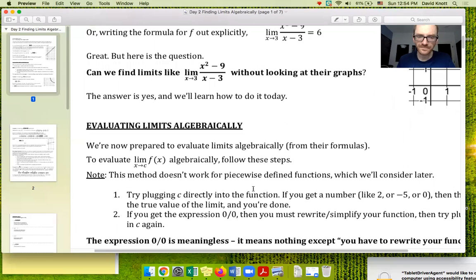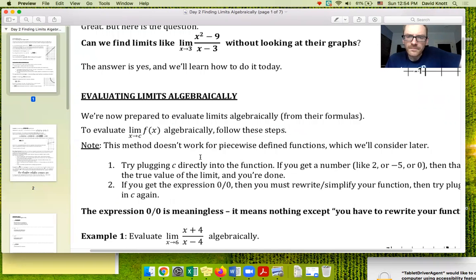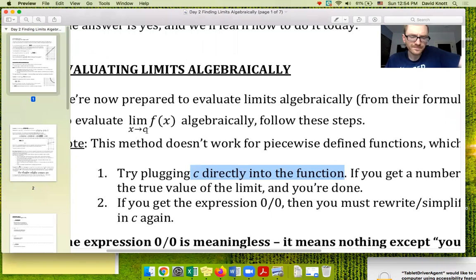Here's the idea. Let's say that you want to find the limit as x approaches c of some function f, and you've got a formula for f. You don't have the graph, but you have a formula. How do you find that limit? The first step is that you plug the number c directly into the function. Whatever x is approaching, you just try plugging that number into the function, okay?